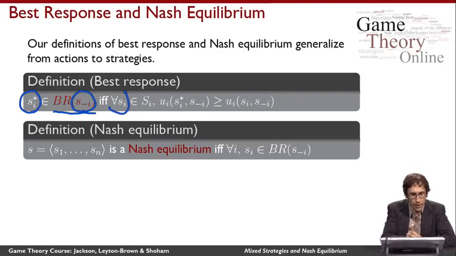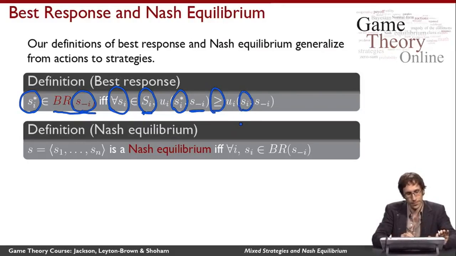For all other strategies S i that player i could take, for all of the strategies in the set of possible strategies for that player, and notice that this is an infinite set, but that's okay, the definition still works, then the utility that the player would get for playing S star i when everybody else plays the strategy profile S minus i is at least as big as when he plays this other strategy S i.